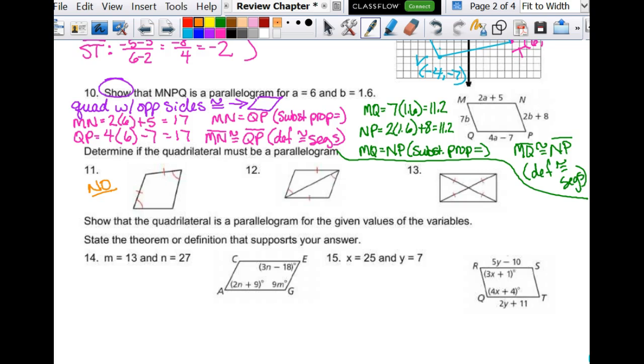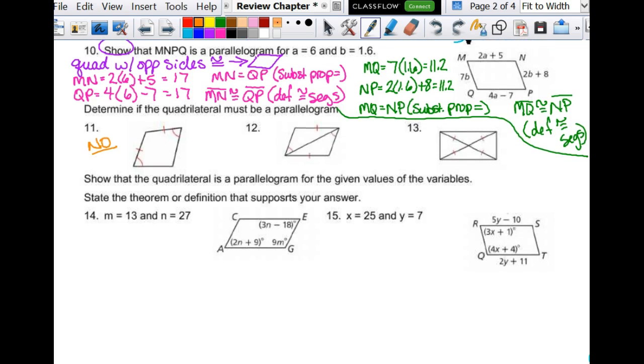Then when we look at 12, we've got a set of alternate interior angles that are congruent. This is where a lot of people go astray and try to make the wrong things parallel. If these angles are congruent, like they're telling me, then this is my transversal, and these are the parallel lines that give me the alternate interior angles congruent.